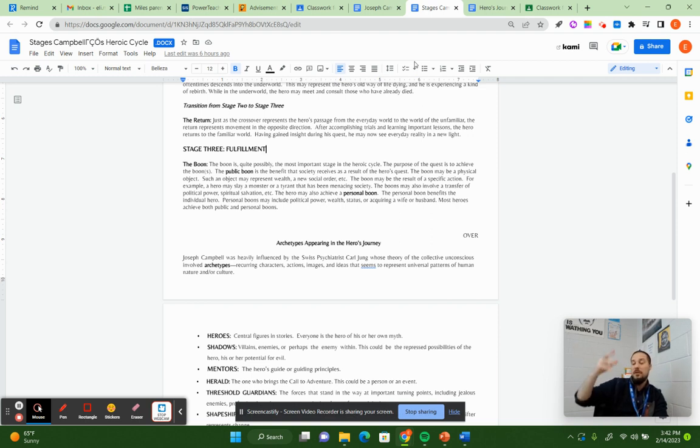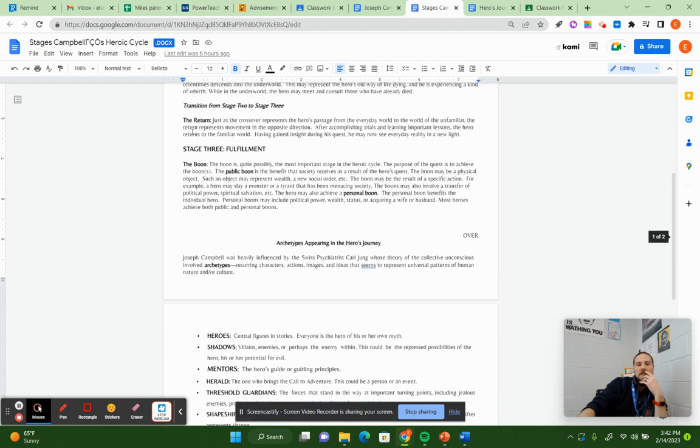Jason and the Argonauts, literally, once they get the Golden Fleece, they have to come back to Iolcus. They have to come back to Thessaly with the Golden Fleece. So there has to be a return journey for the hero. And so, whatever lessons, whatever insight, whatever revelation or enlightenment that he's gained, he has to take it back to the ordinary world with him.